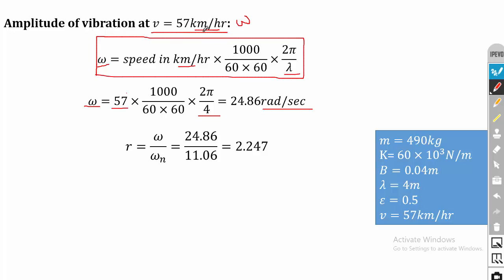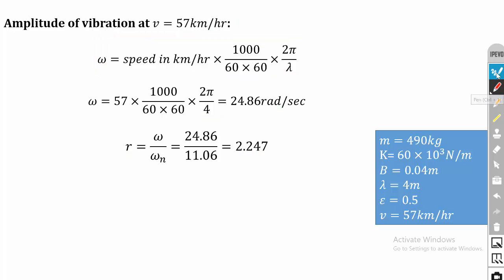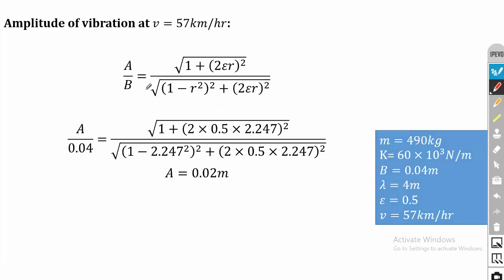So when the vehicle is moving with the velocity of 57 km per hour, the forced frequency will be 24.86 radian per second. Now by using omega and omega n, I can calculate the frequency ratio, that is omega by omega n. It is 24.86 divided by 11.06. So R is equal to 2.247. Now I am going to substitute R in the amplitude ratio equation. A by B is equal to, B is the amplitude of the road surface, I can substitute it.